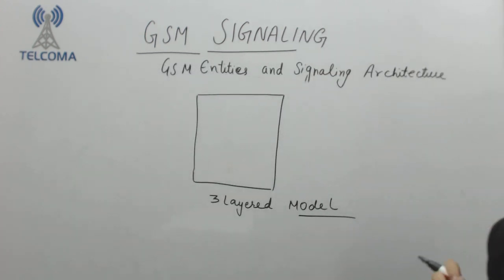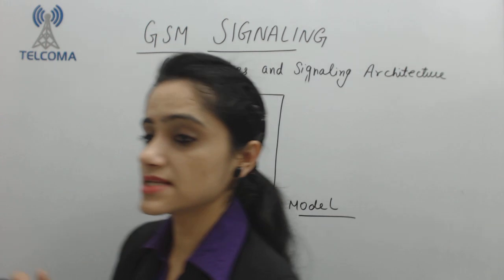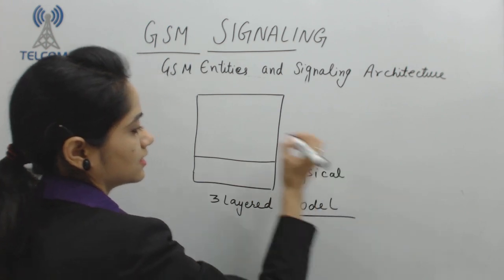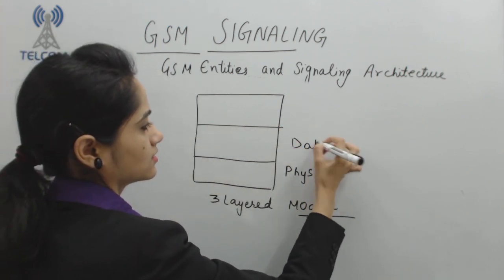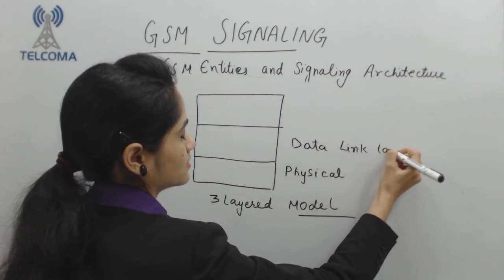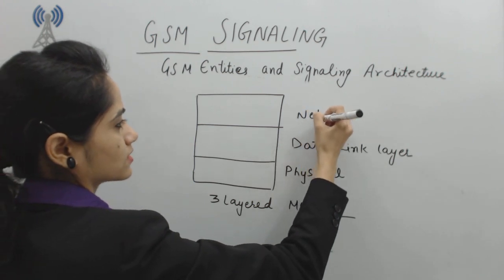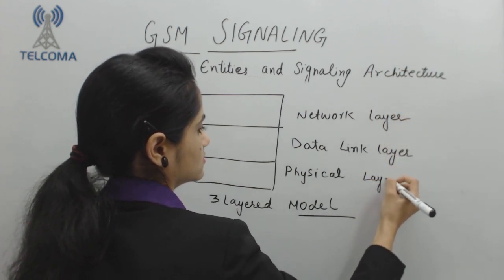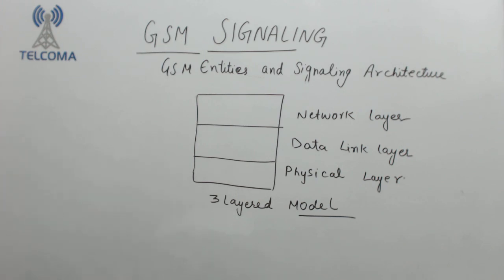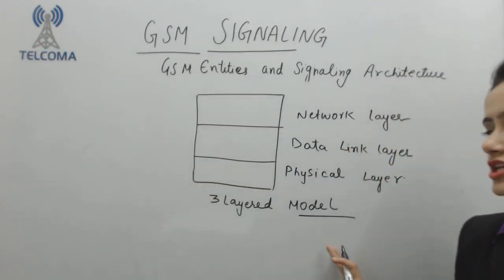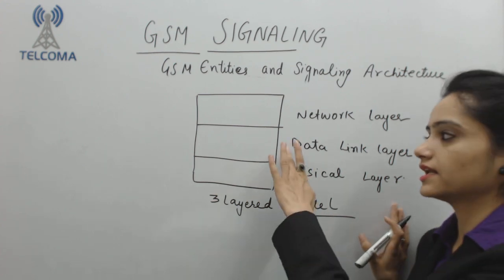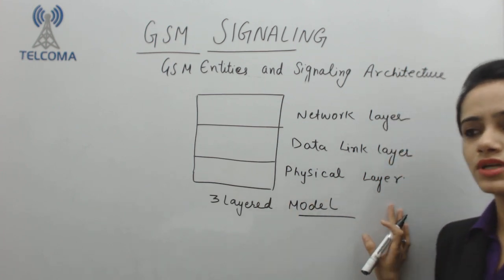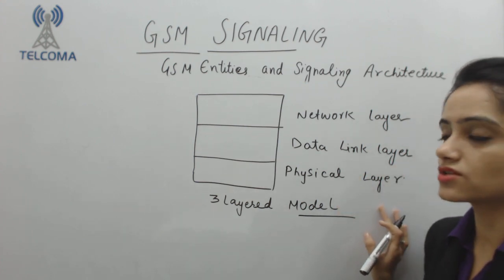GSM systems follow a 3-layered model: starting from the very first, physical, then data link layer, and the third one, network. GSM follows a 3-layer model structure, not the 7-layer model structure of OSI, because for communication it requires only 3 layers.